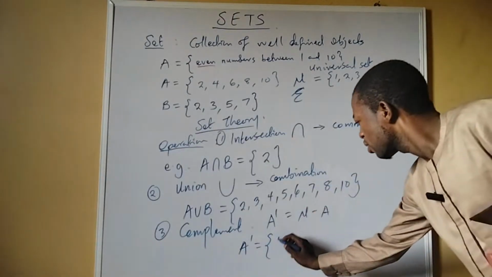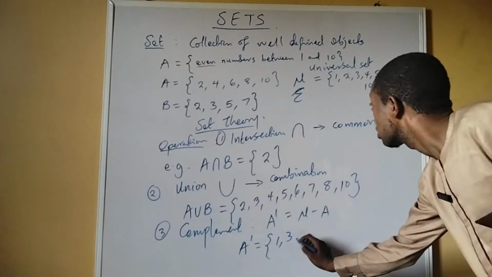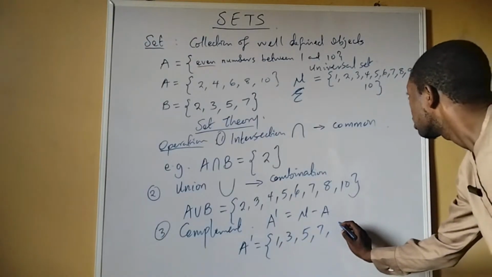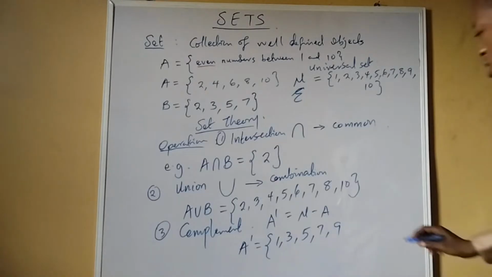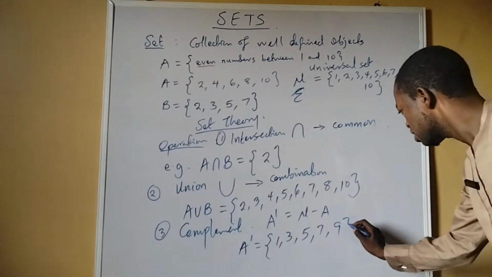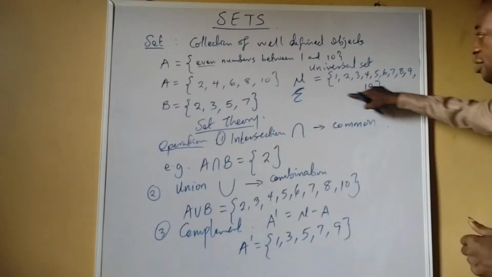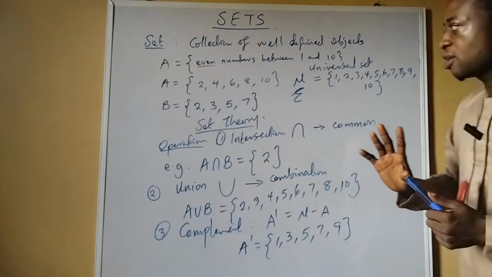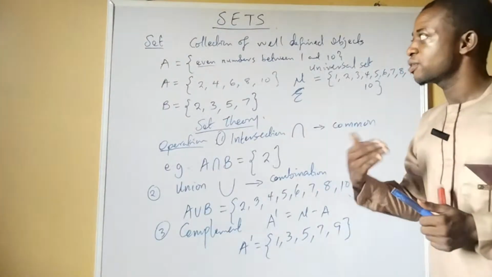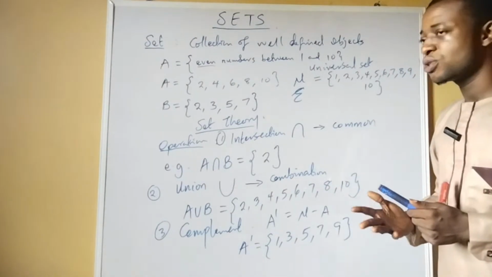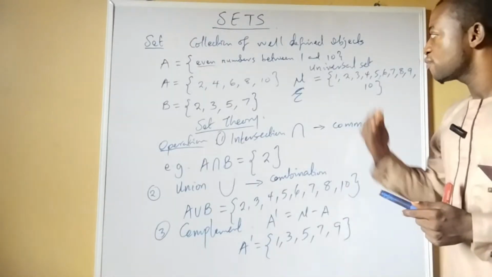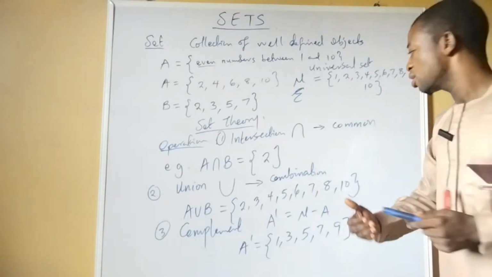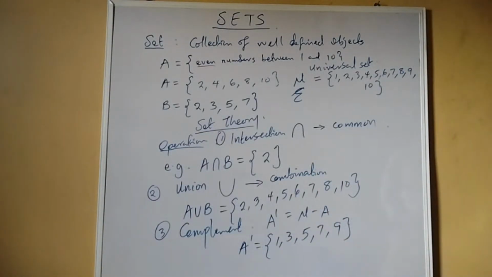So it is called A complement. It's one of the operations we need in set theory. So I believe we have been able to learn something so far. Now let's continue. Stay tuned.